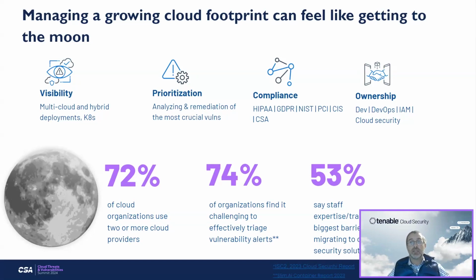And last but not least is the challenge of ownership. We all know that the biggest challenges are never technological. They usually tend to be organizational or process focused. And the introduction and adoption of cloud infrastructure created a major shift in the way organizations build applications.